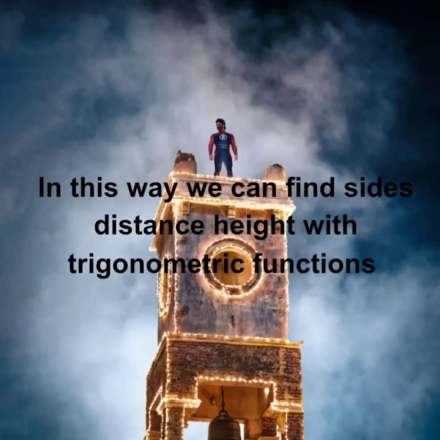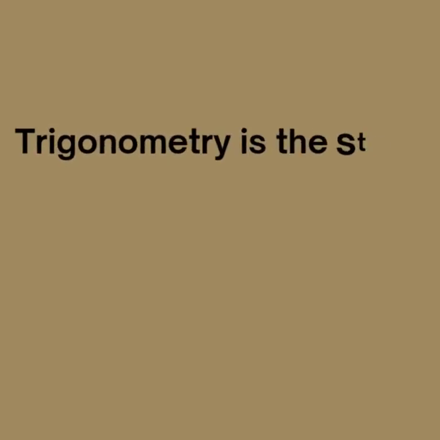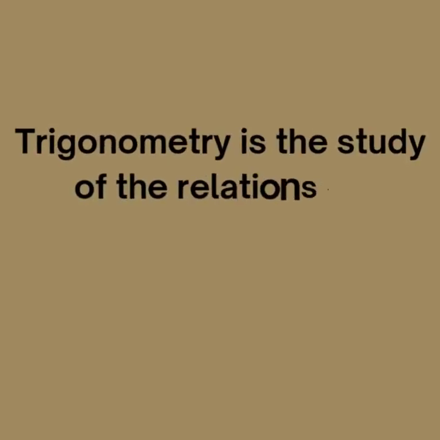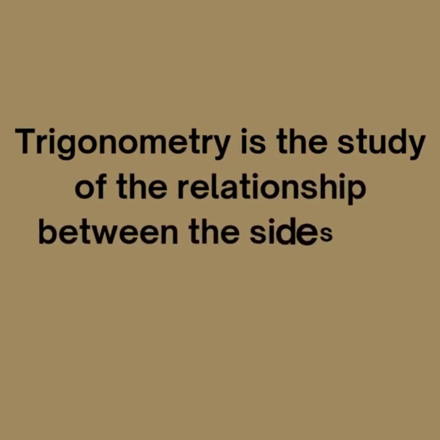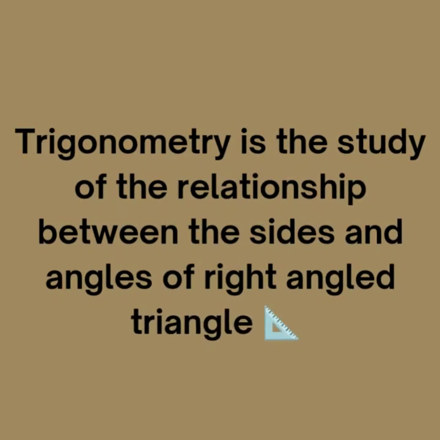In this way, we can find sides, distance and height with trigonometric functions. Let's summarize the topic we have studied today. Trigonometry is the study of the relationship between the sides and angles of a right-angled triangle. It helps to find the height of a tree without climbing it. It helps to measure the height of a building or tower from the ground.